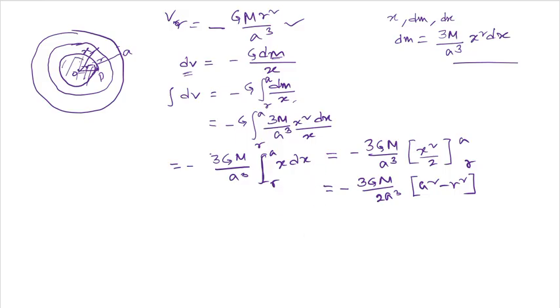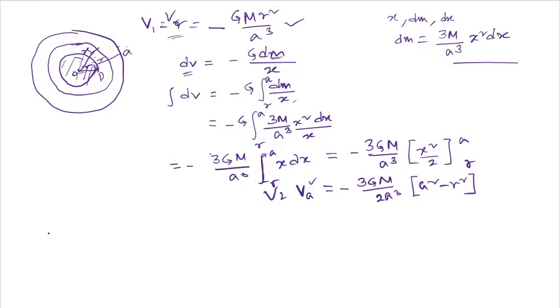I'll represent this as V1. Why? Because for the solid sphere part, the point P appears as an inside point for the mass from r to a, and the inner mass appears as an outside sphere. So we can represent them as V1 and V2.